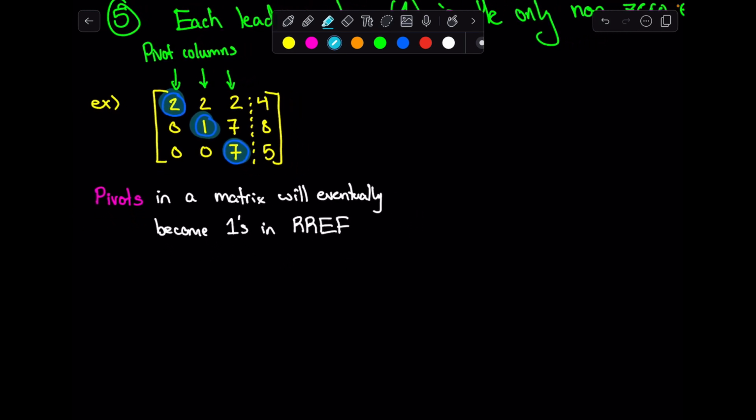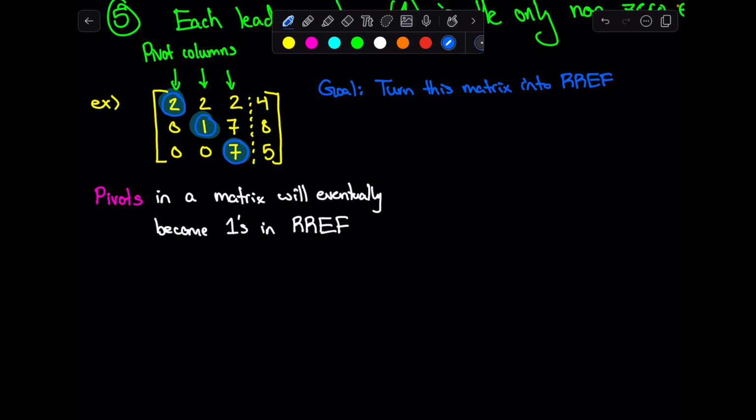And so our goal here, just for the sake of showing you something, is that I would like to turn this into a row reduced echelon form. So my current goal is to turn this matrix into row reduced echelon form.